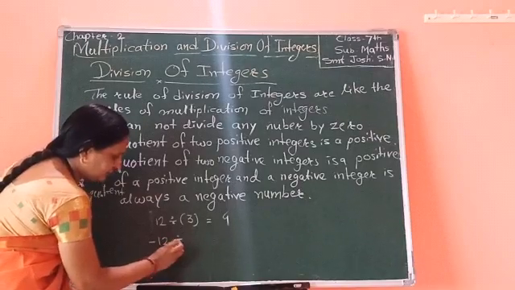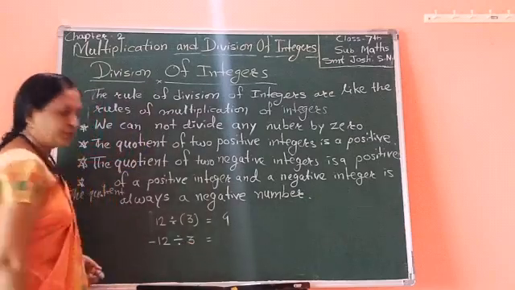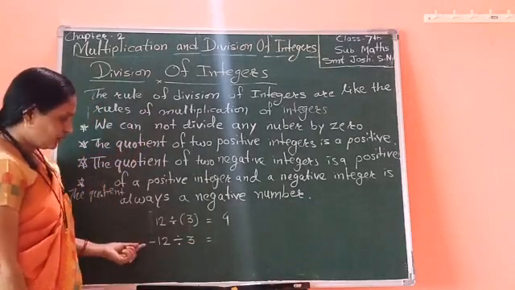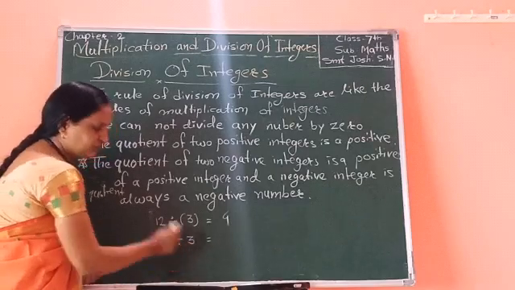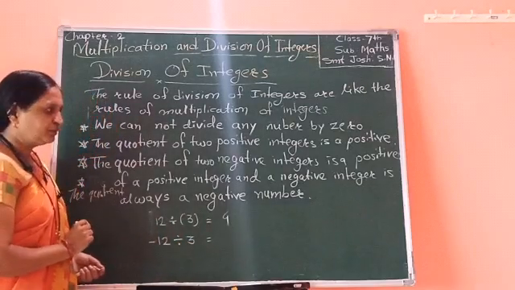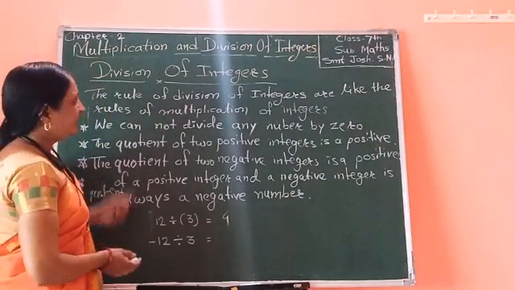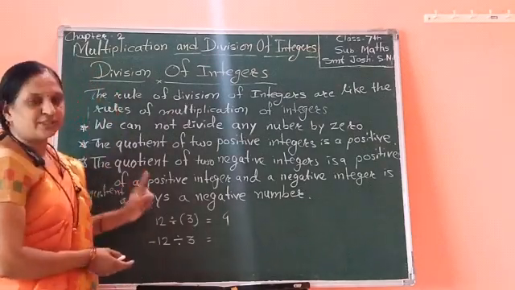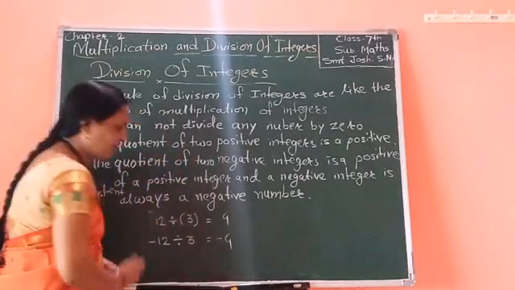Negative 12 divided by 3, what is the answer? One number is negative and one number is positive. In multiplication, the product is negative, and in division, the quotient is also negative. The answer is negative 4.